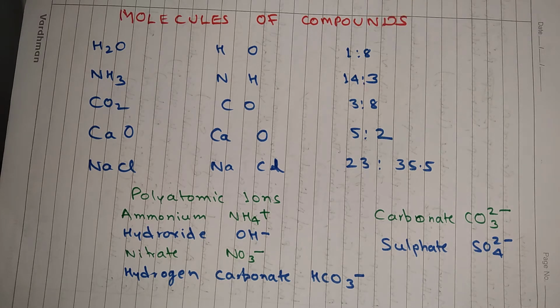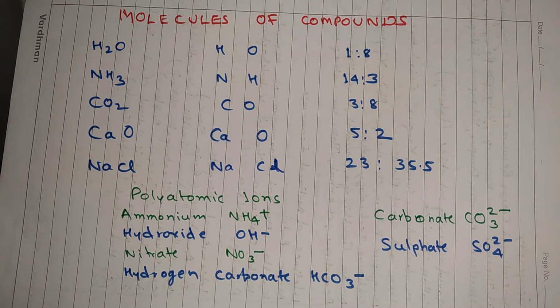For ammonia it is NH3, the constituents are nitrogen and hydrogen, and the ratio is 14:3. For carbon dioxide it is CO2, carbon and oxygen, and the ratio between carbon and oxygen is 3:8.